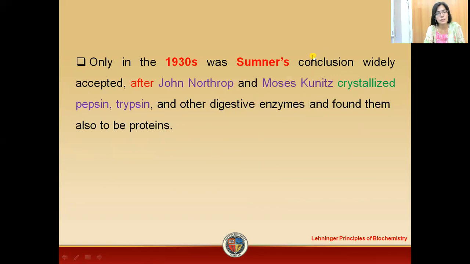Then in the 1930s, we have other scientists, Sumner. He also worked very much on enzymes after John and Moses. John and Moses crystallized pepsin and trypsin. They worked on purification of pepsin and trypsin.